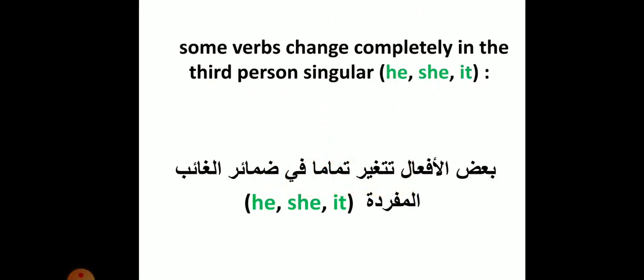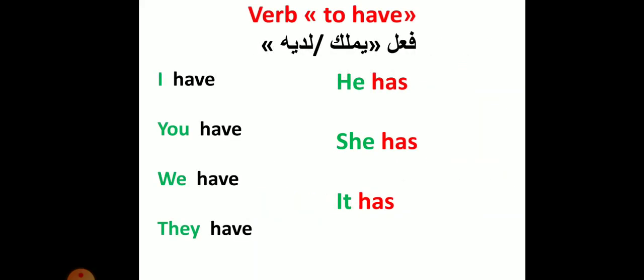There are some exceptions. Let's see the exception here. Some verbs change completely in the third person singular, he, she, and it. Okay, so let's see. Verb to have.